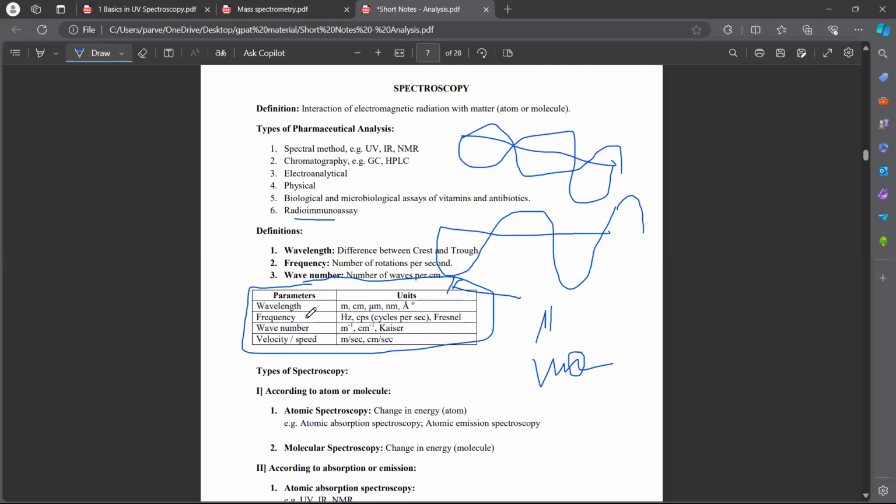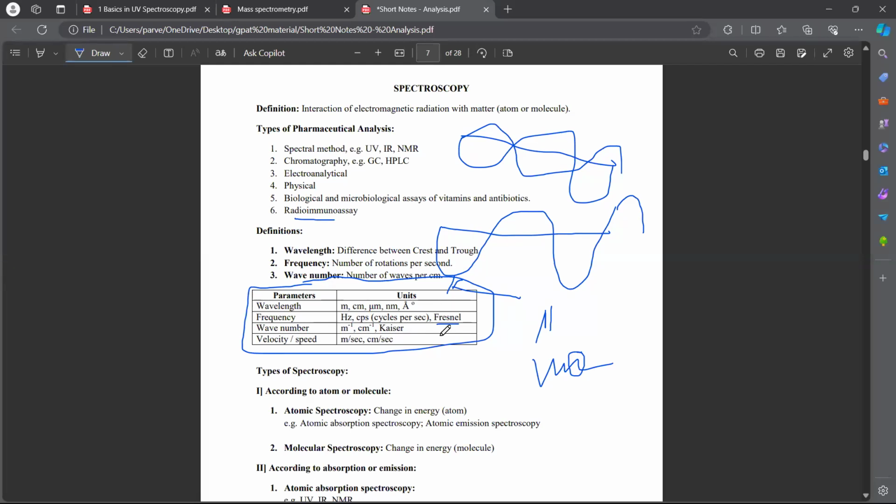Frequency is generally indicated in terms of hertz, CPS, and Fresnel. In NIPER 2023, I think they asked about the unit of frequency, but they gave the unit Fresnel. So remember, frequency can be expressed as hertz or cycles per second, or Fresnel, and wave number is expressed as meter inverse, like centimeter inverse.